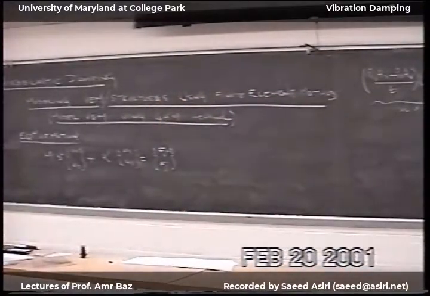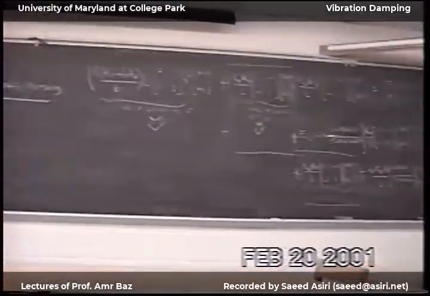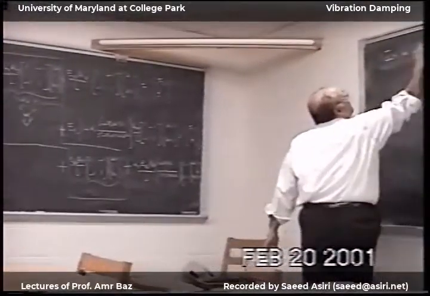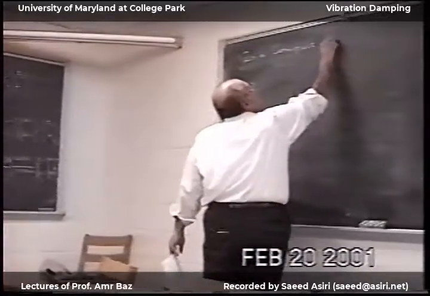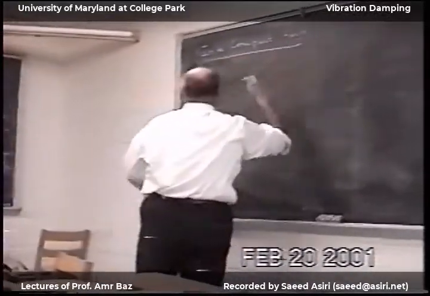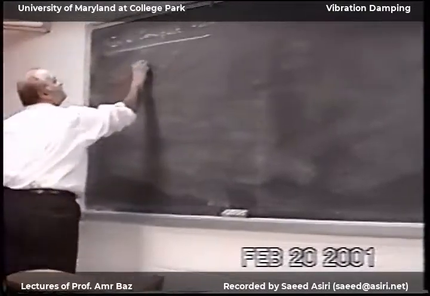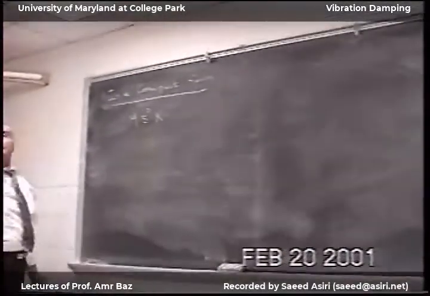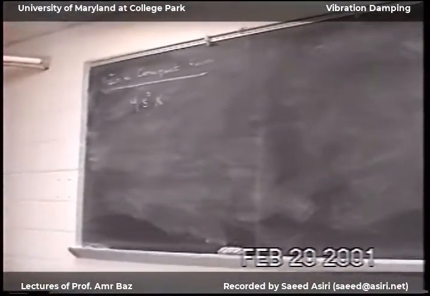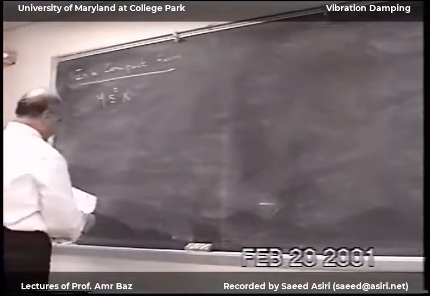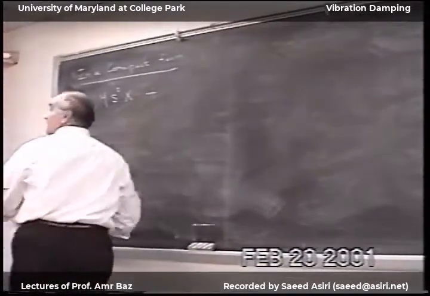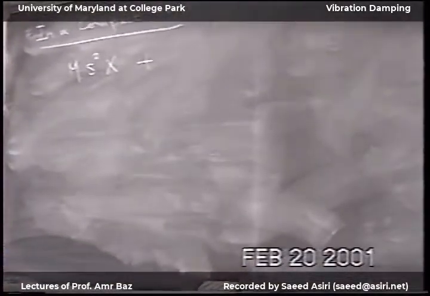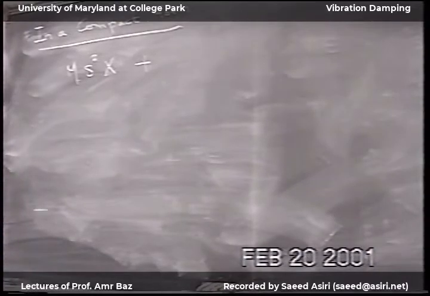I'm going to rewrite this equation now in a compact form. I will have m s squared, and then I'm going to write x as my nodal vector mu. And then plus this K. You remember, this was made of the structure and the viscoelastic material.